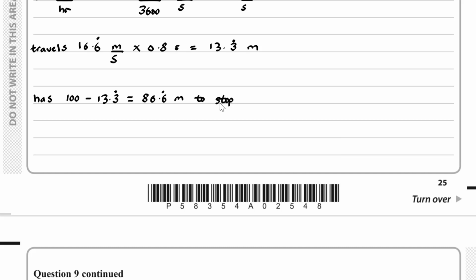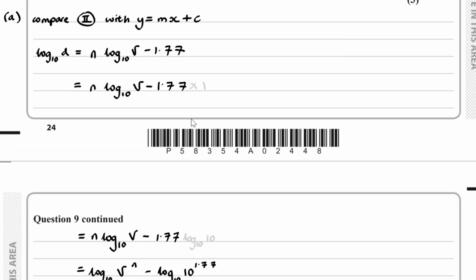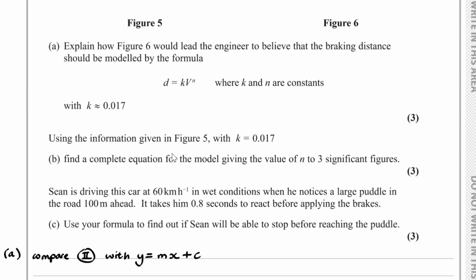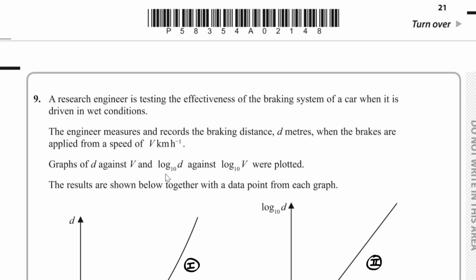so knowing that, let's find out with our formula with V equaling 60 kilometers per hour.